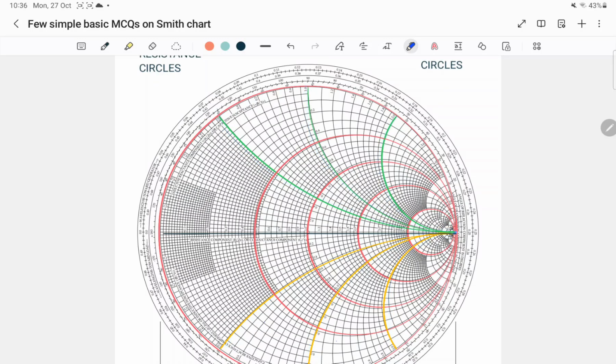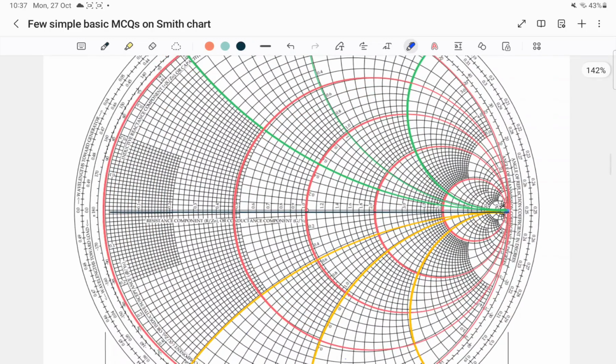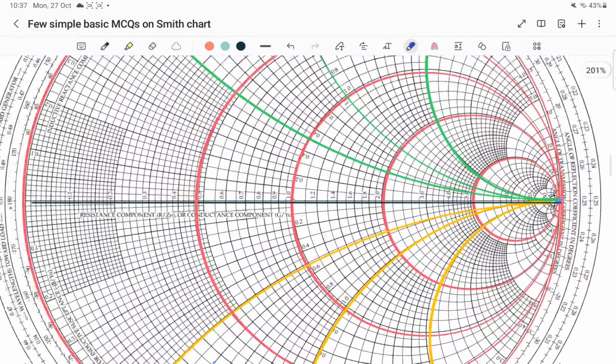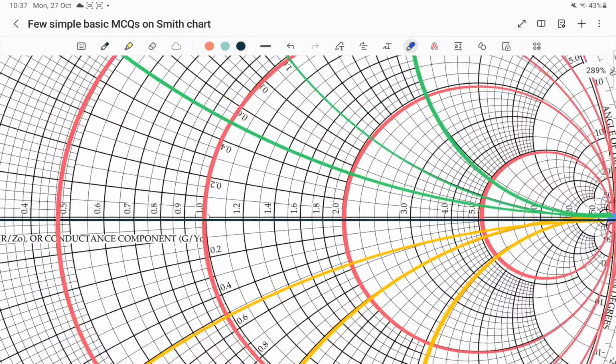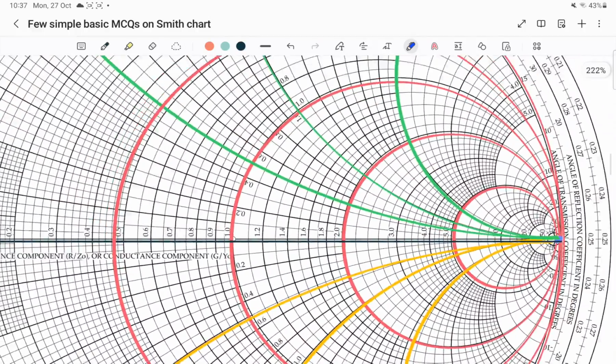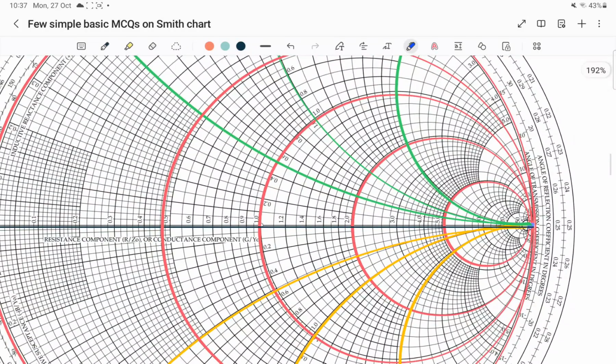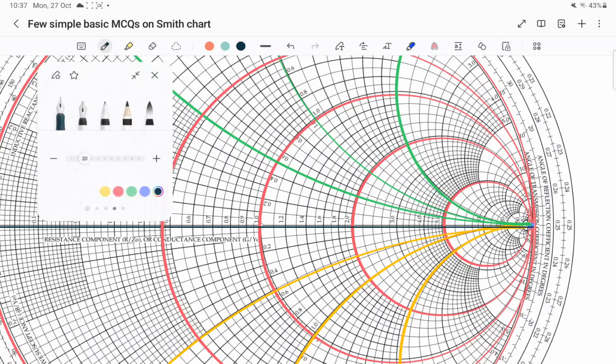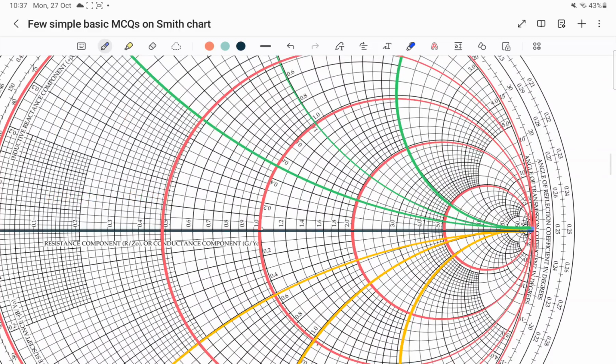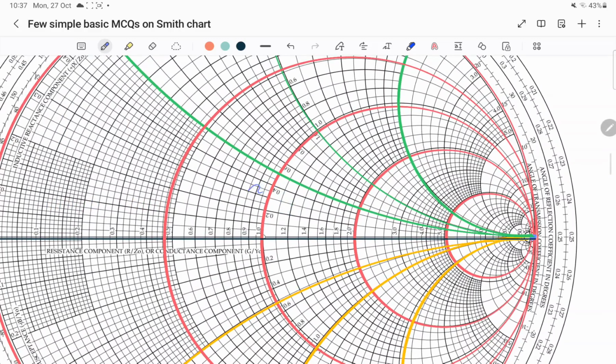Alright, now let us zoom in and see what these circles actually have to say. Let me choose a different color so that you are not confused.